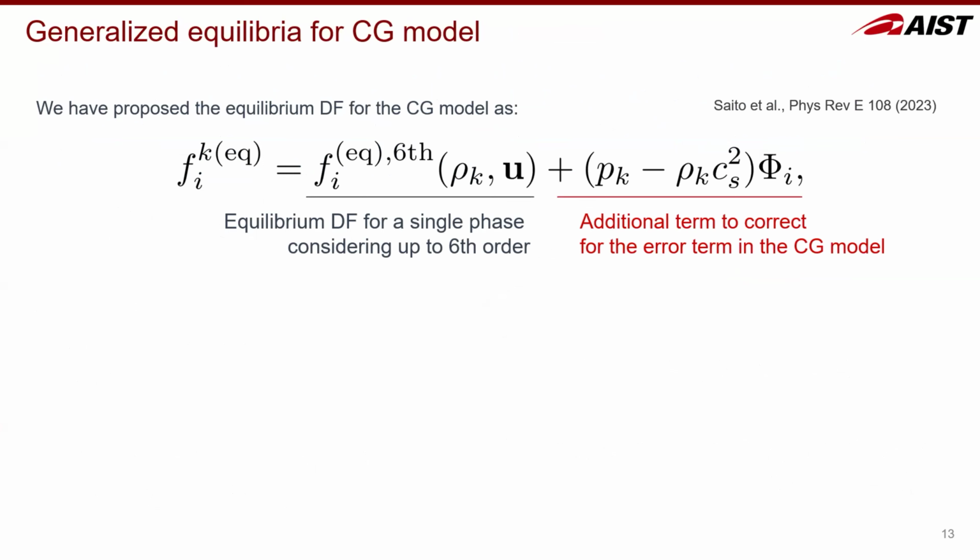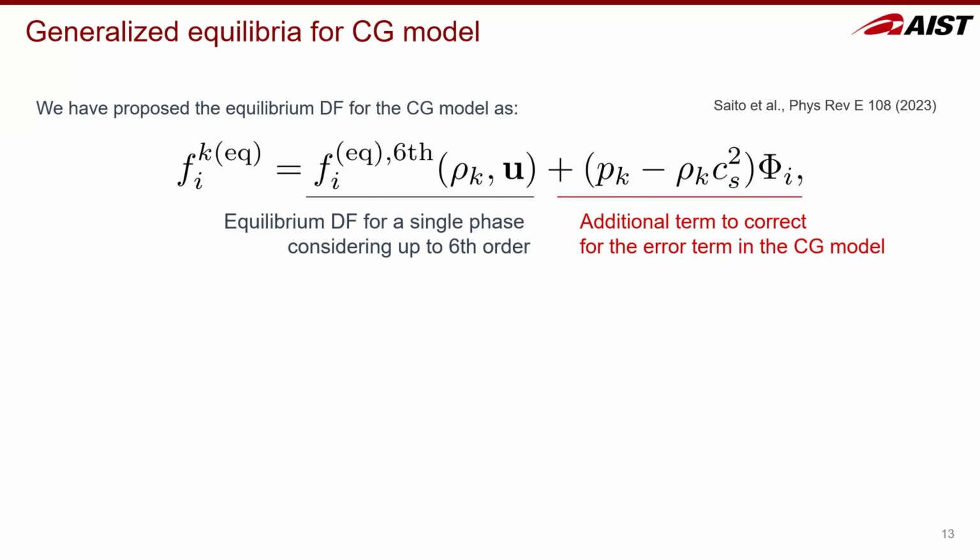Here we divided the equilibrium DF into two parts. The first one is the commonly used one for single phase flows. By using the Hermite expansions up to 6th order, we express the first term up to 6th order.